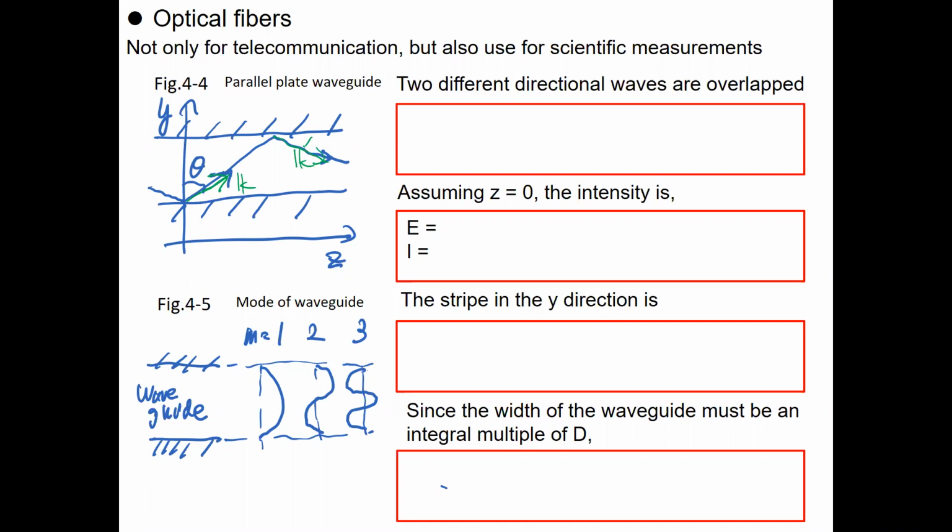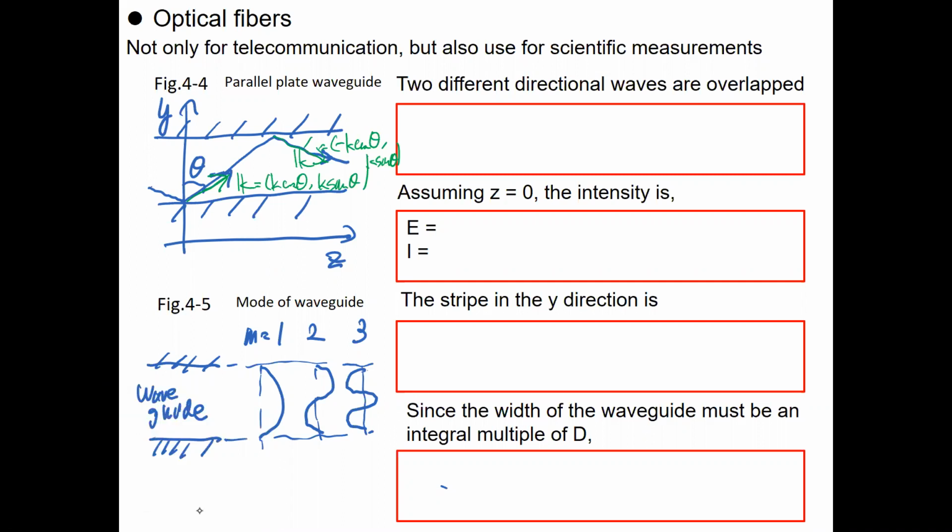We can imagine k equals k cosine theta and k sine theta, and k dash means minus k cosine theta and k sine theta. The z direction is the propagation direction.